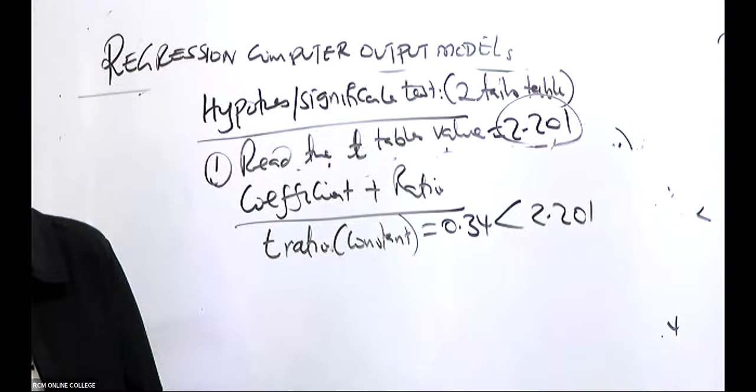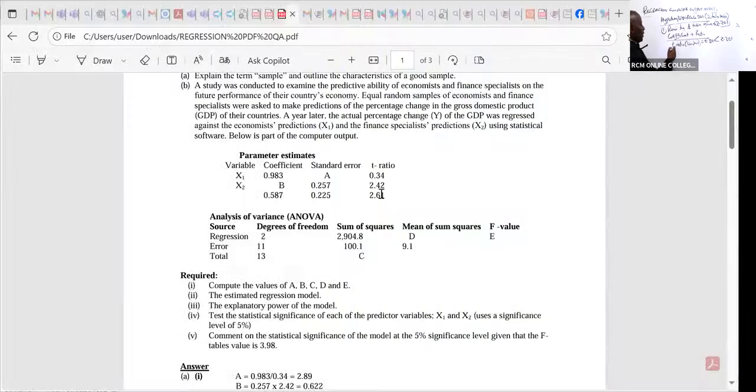So then we take on the second variable, the second coefficient. We have a T ratio there, which is 2.42. So we have this T ratio, which in this case here is for X1. So please, could you kindly compare this with our hurdle rate of 2.201? It's more, isn't it?